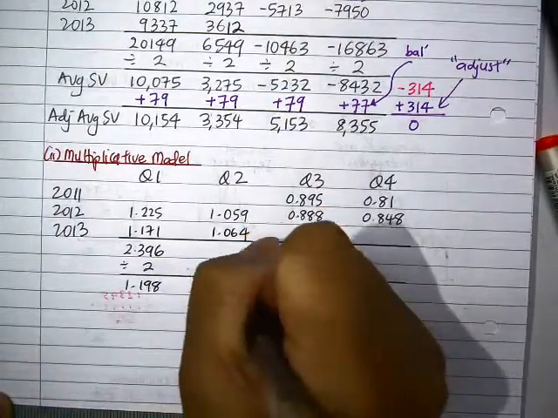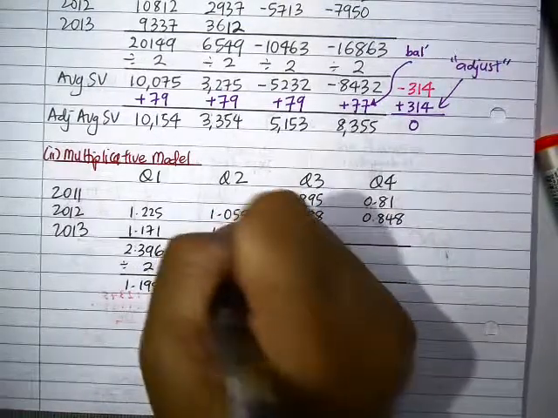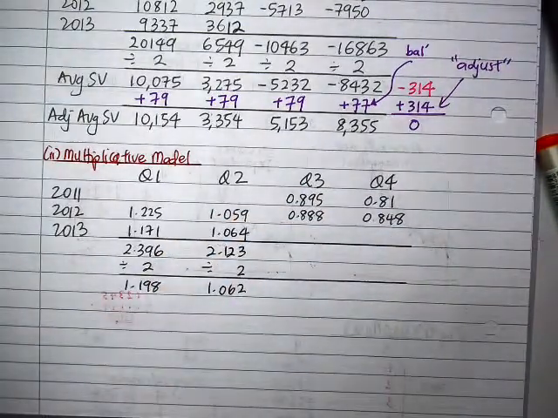Now I'm rounding it again. 2.123 divided by 2.